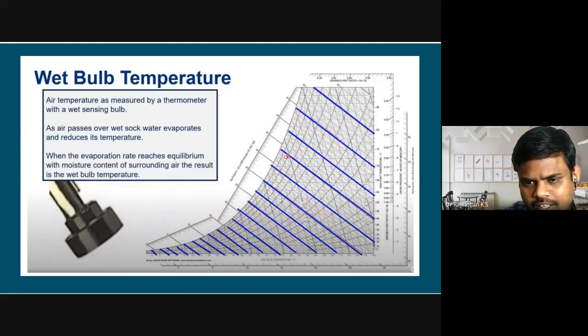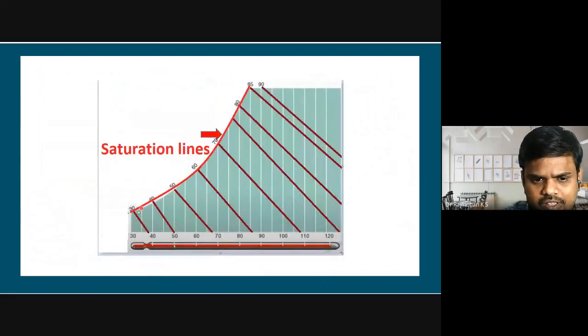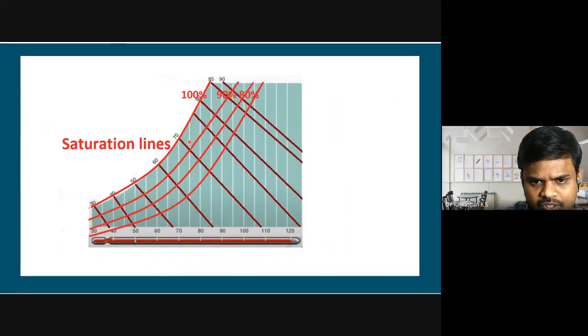In the earlier slide I showed you brown lines. Here, these blue lines represent wet bulb temperature. As I said, this curved line is called the saturation line, that is, the 100% saturation line. The line next to it is going to be less saturated. So after 100% saturation, you are going to have 90%, 80%, and 70% saturation. These are called saturation lines.